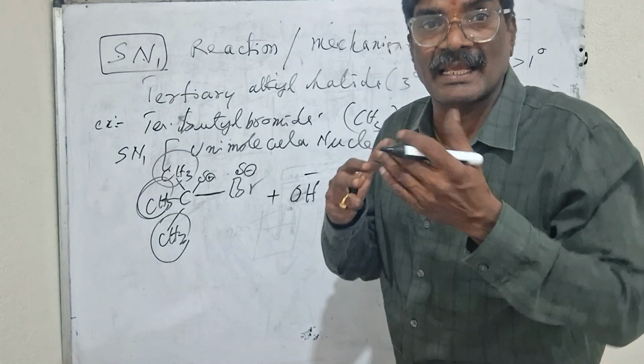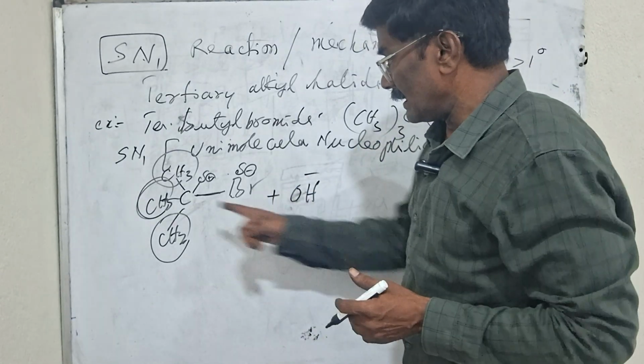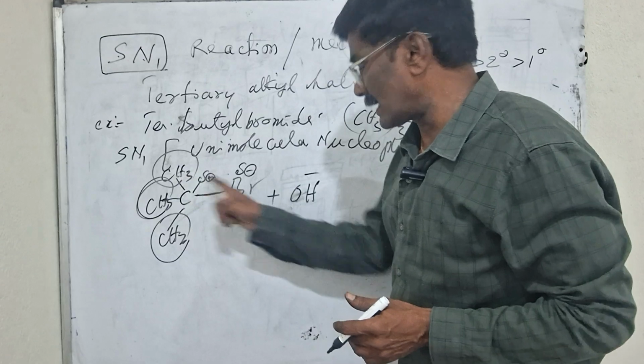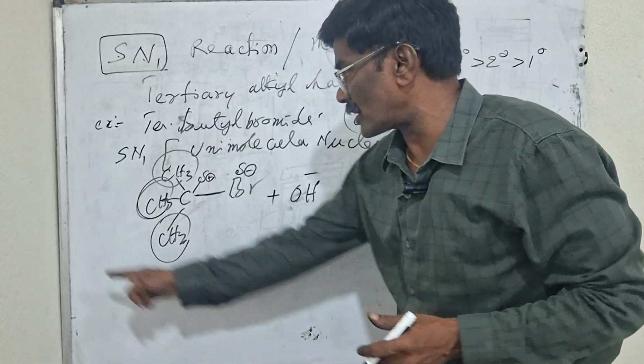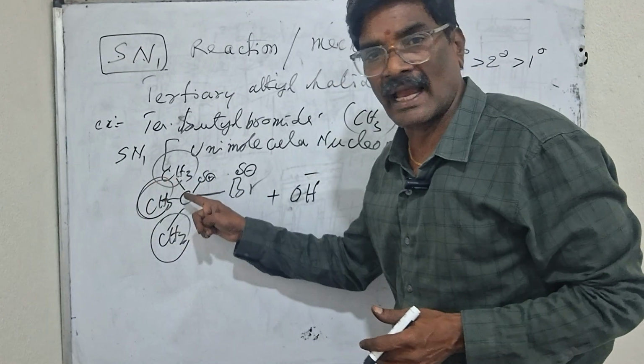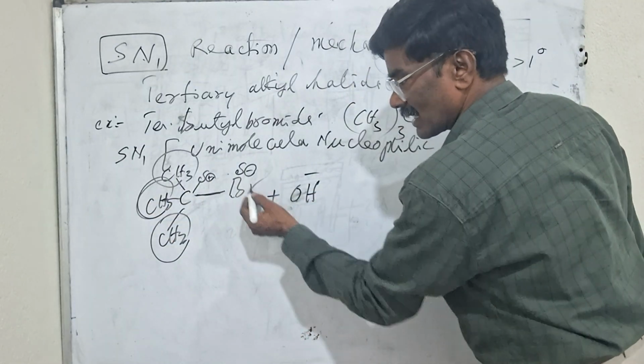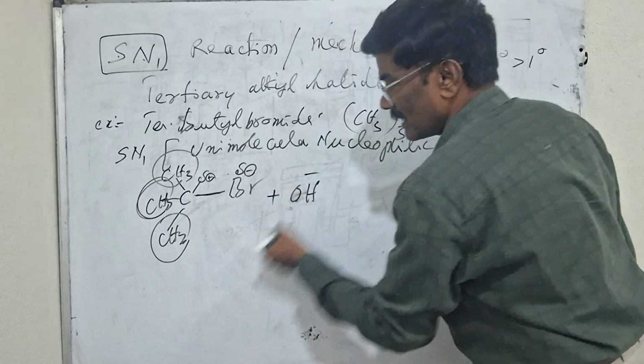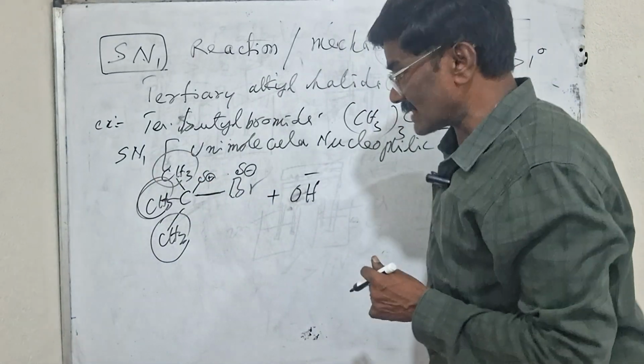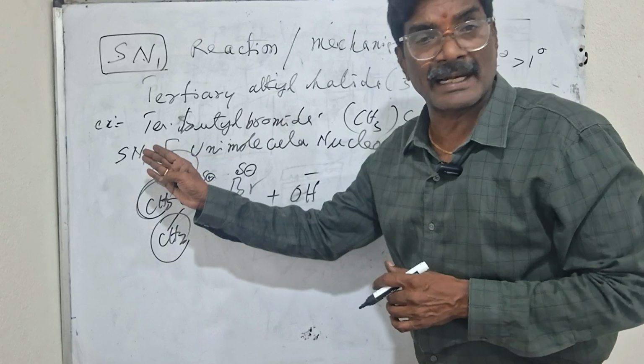These 3 groups, since they are bulky, do not allow the OH group to come. On one side there is repulsion, on the other side steric hindrance.